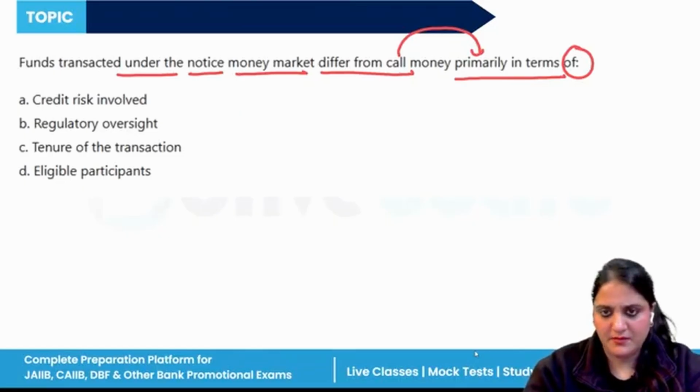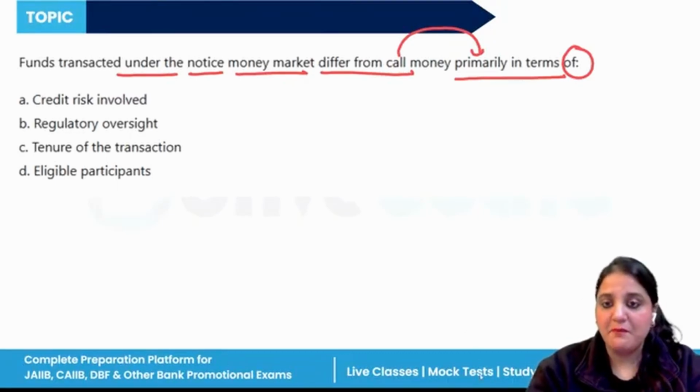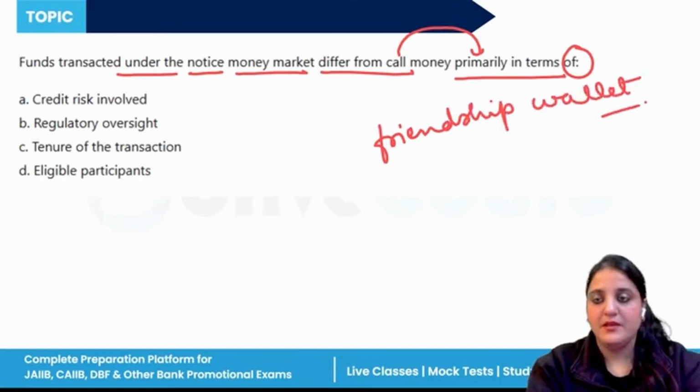Think like this: balances with banks and money at call and short notice is like a bank's friendship wallet, right?